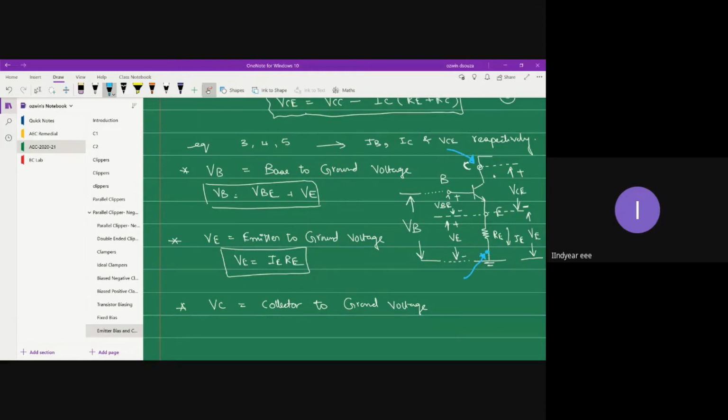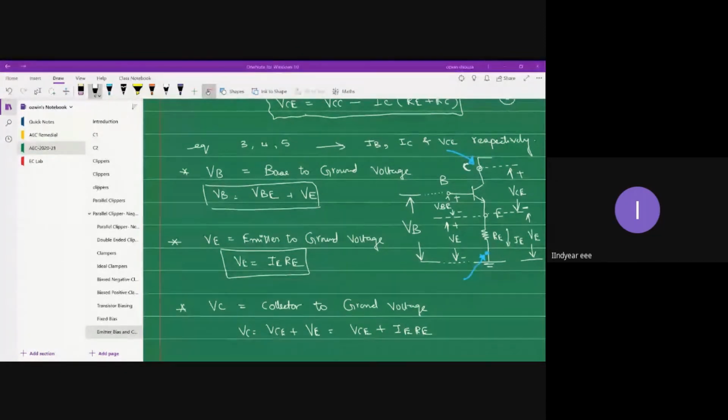You have two voltages, collector to emitter plus emitter to ground. So you can write VC is equal to VCE plus VE, or VCE plus IE into RE. Is it understood? Any doubts?